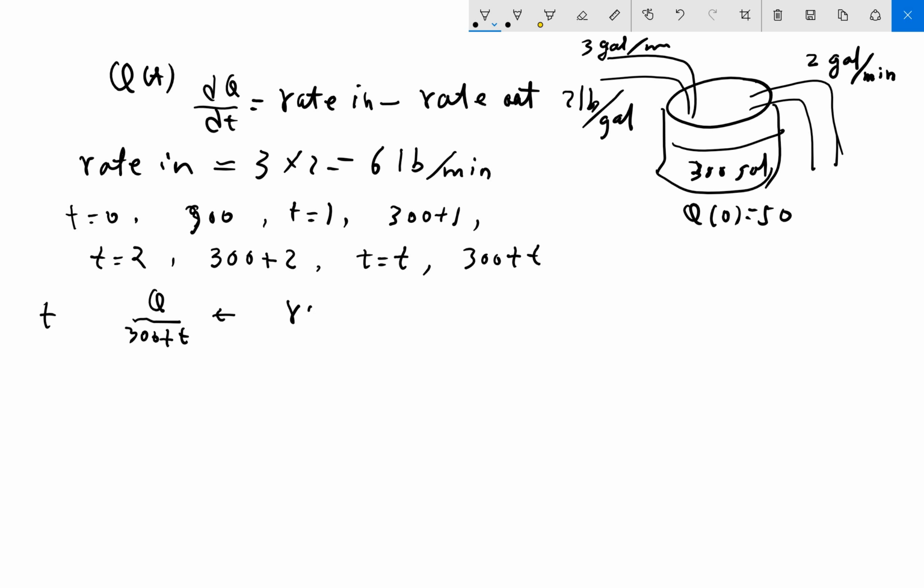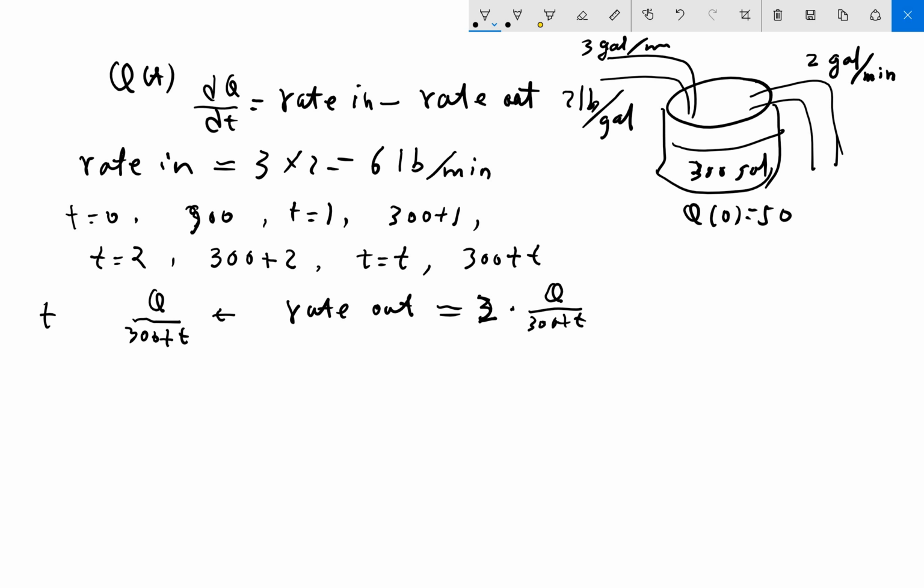So the rate out should be 2 gallons per minute times your concentration, which is Q over 300 plus t.